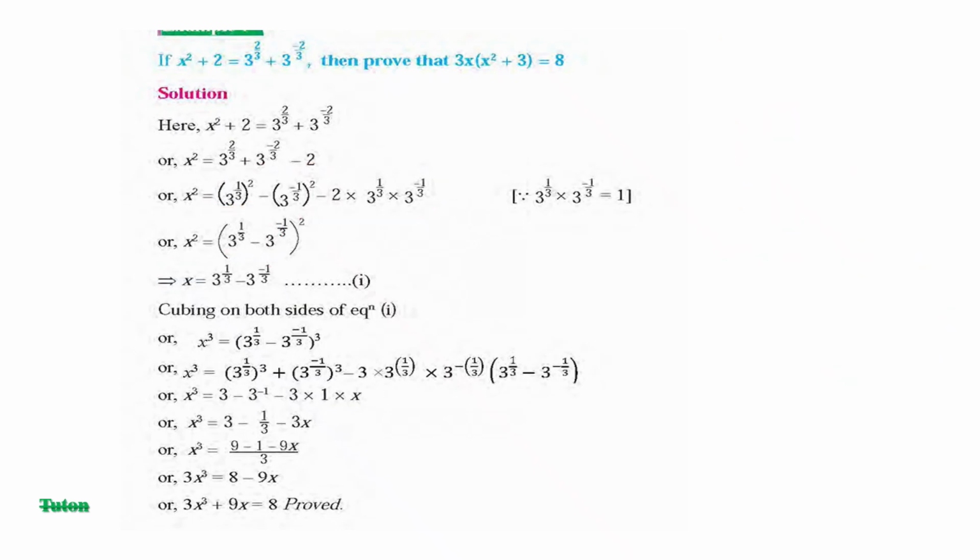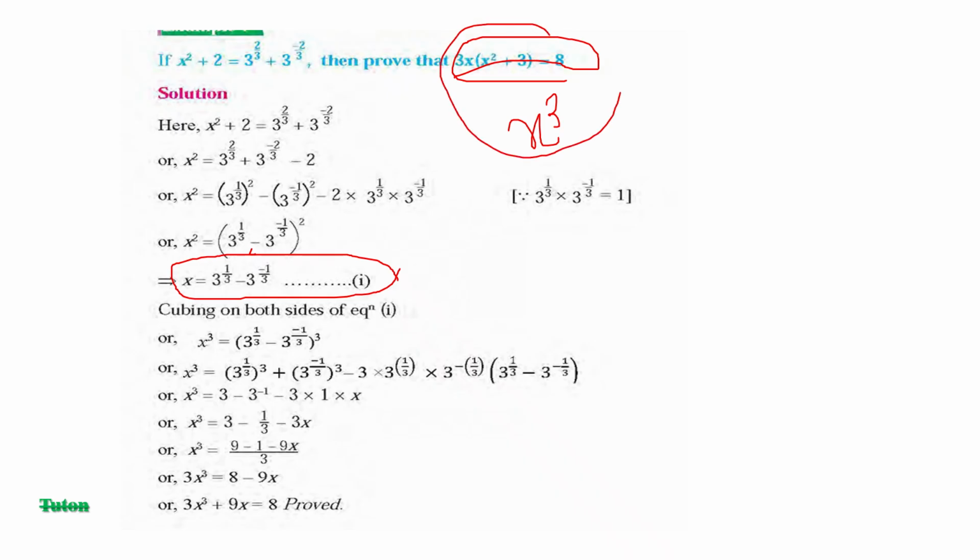Now, as I mentioned earlier, we have to prove and derive this equation. Here we have the term x to the power 3, so we have to take cubes on both sides of equation 1, so that it would be easier for us to derive this equation with the cubic power of x.